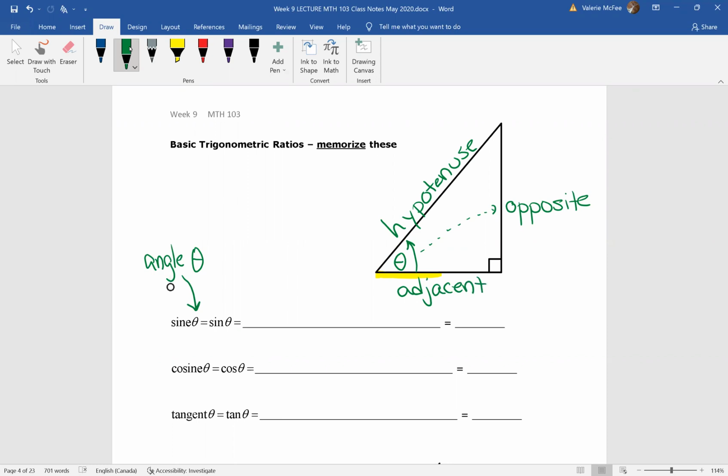Each of these ratios just describes a relationship of the sides depending on the name. So the sine ratio is the relationship of the opposite side over the hypotenuse.